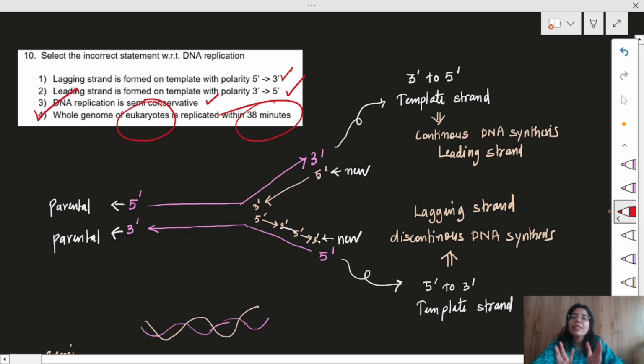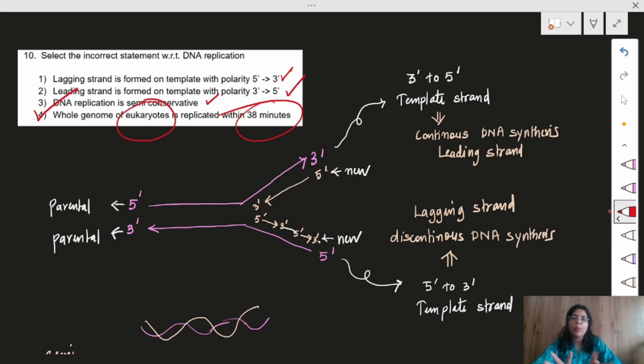So in any case, we cannot consider that it will take only 30 minutes for the entire genome to get replicated. This is absolutely wrong. The correct value is not provided in NCERT, so you don't have to learn it, right? But the three statements given in this question are directly from NCERT, which you should know, and you have to eliminate them as correct and get to the incorrect statement, right?